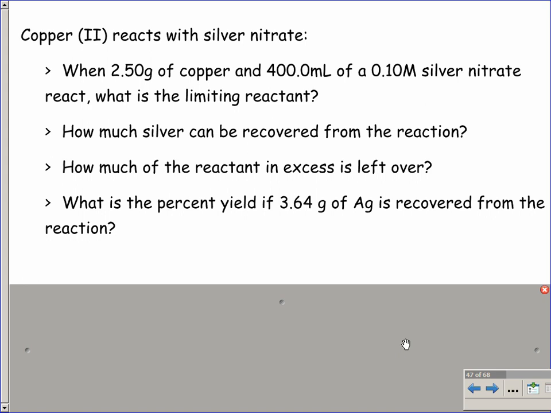It makes sense. It just takes longer. How much silver can that make? Oh, convert the moles of silver nitrate to moles of silver.